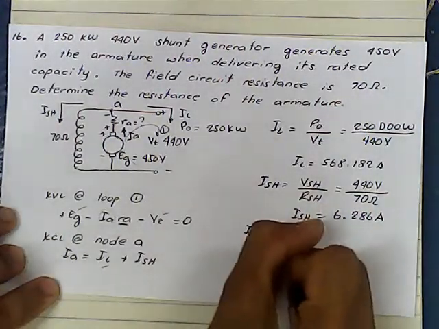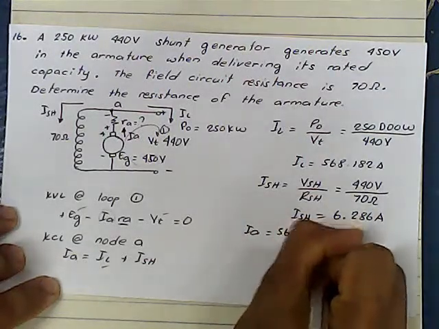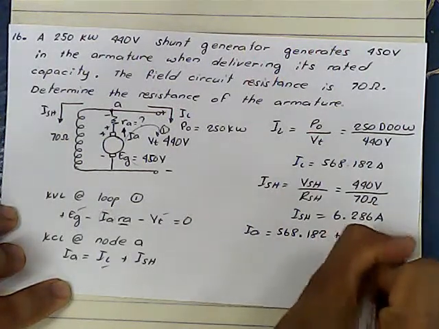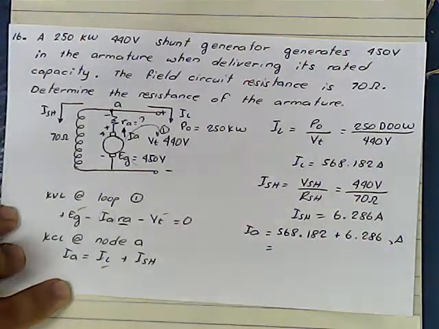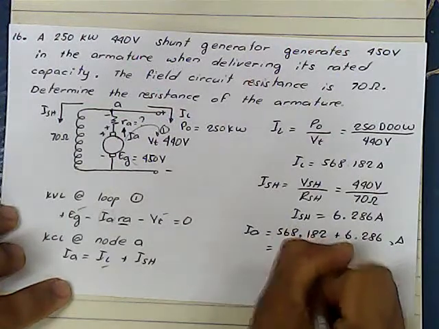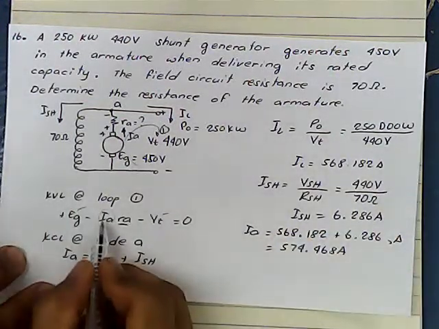Okay, IA is equal to 568.182 plus 6.286. So, unit natin dito ay amperes. So, 568.182 plus 6.286 will give us 574.468 amperes. So, pwede na natin i-substitute dito.